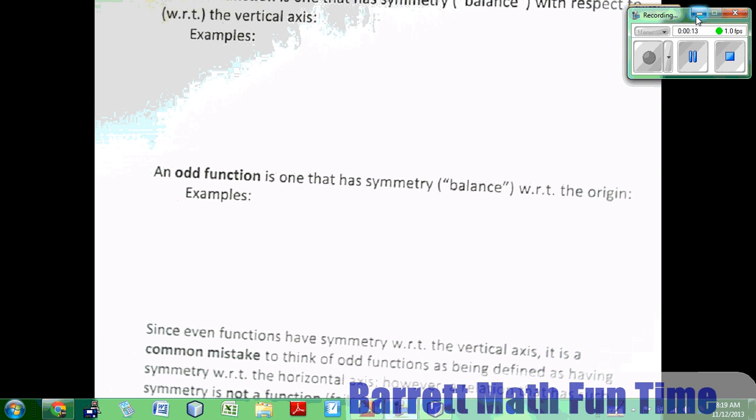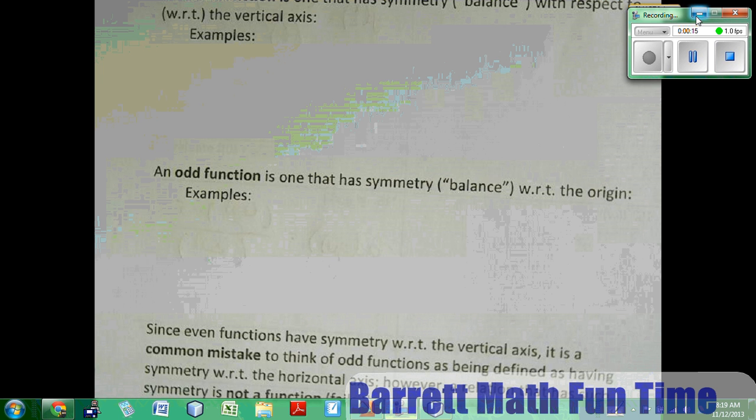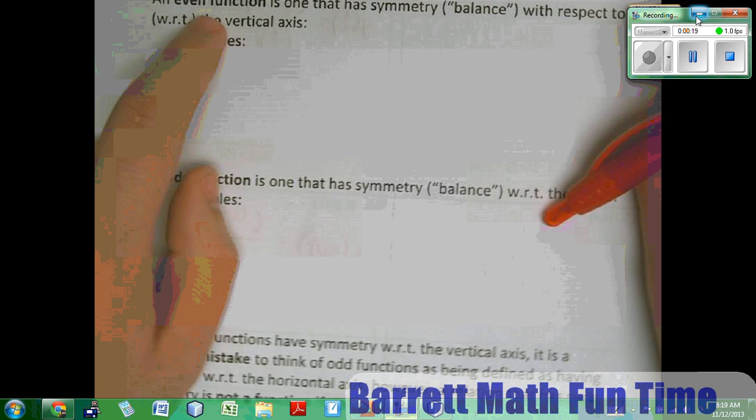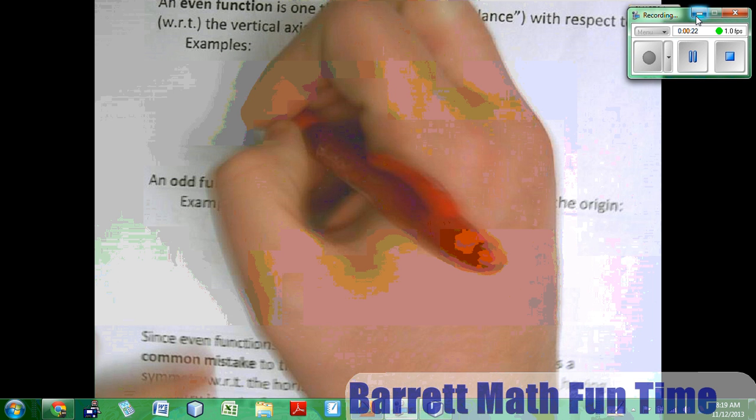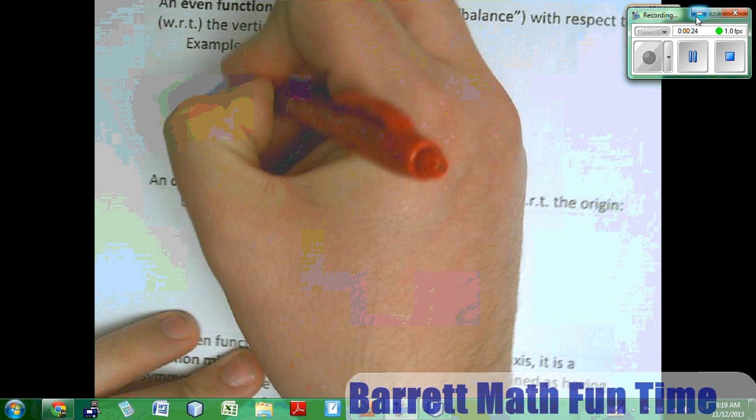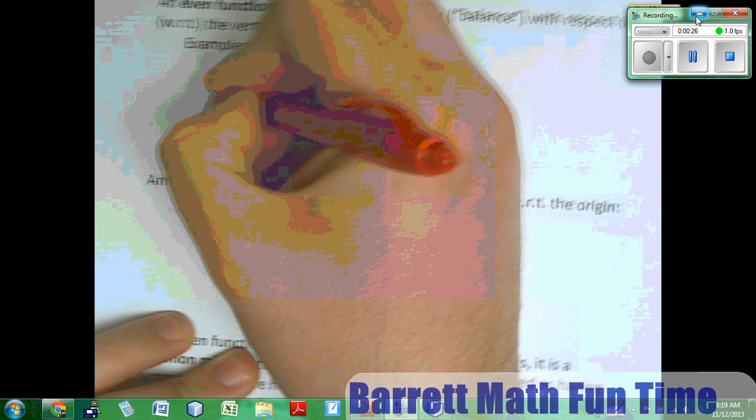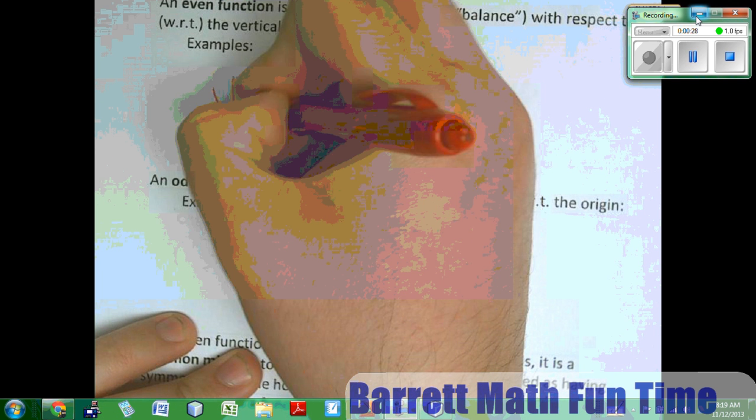Alright, so here's even and odd functions. Super quick, I think. An even function folds in half along the vertical axis. So it folds in half like that.